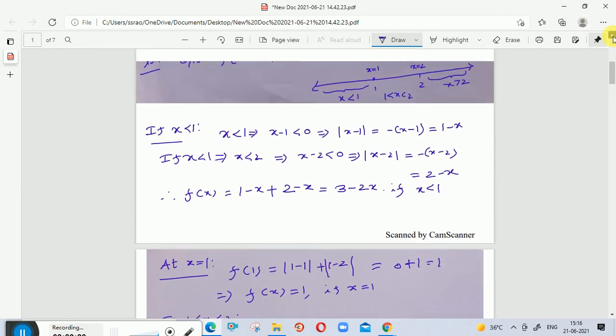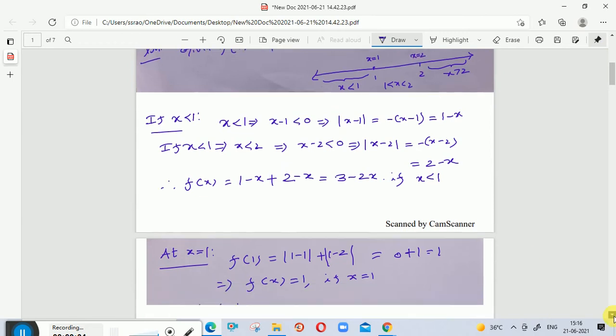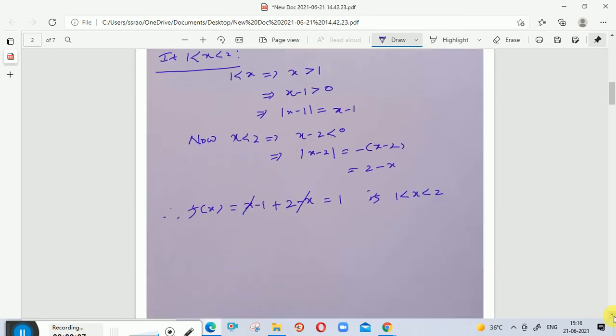Now at x is equal to 2, so f of 2 is equal to modulus of 2 minus 1 plus modulus of 2 minus 2.